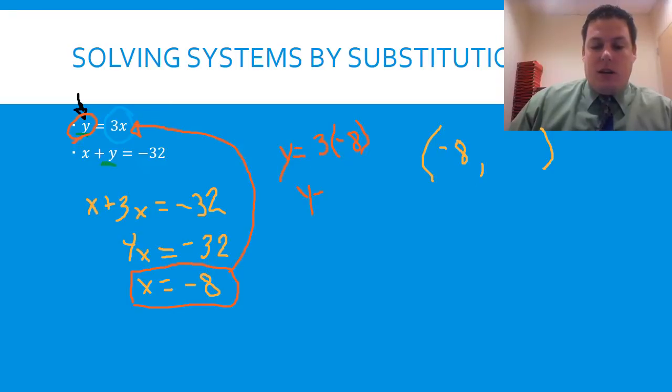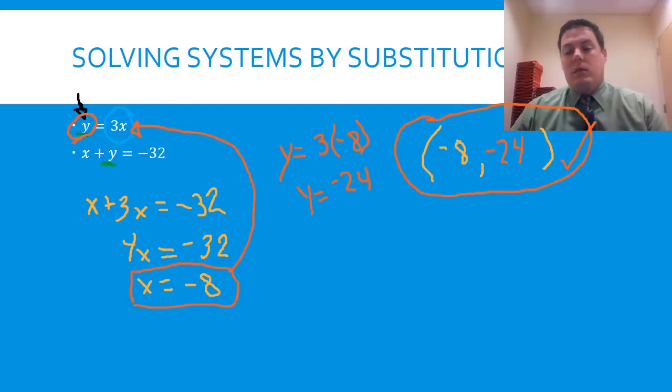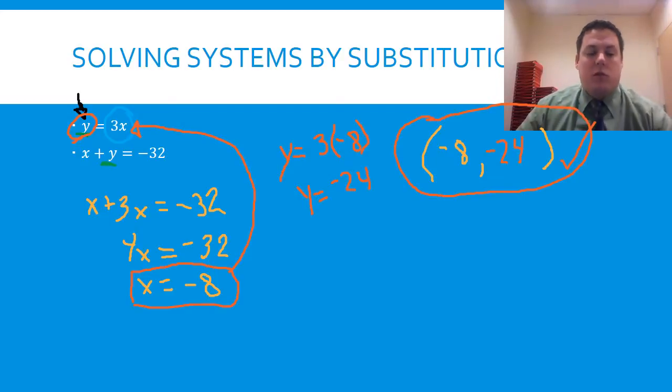So y equals negative 24. And if I plug negative 8 and negative 24 into my second equation, negative 8 plus negative 24 gives me negative 32. It checks. So here is my ordered pair, which is the solution to both of those equations.